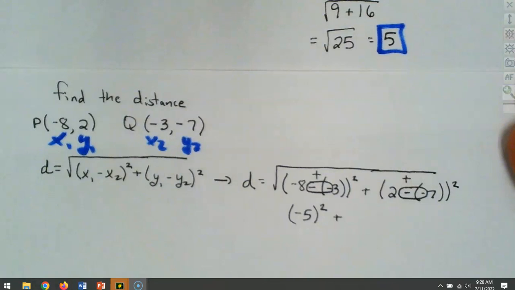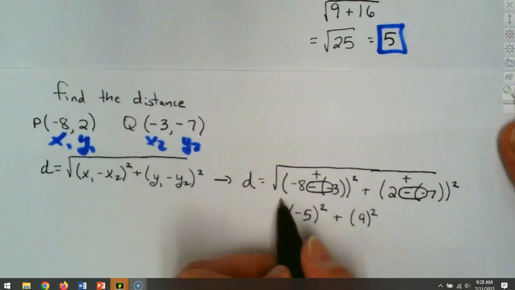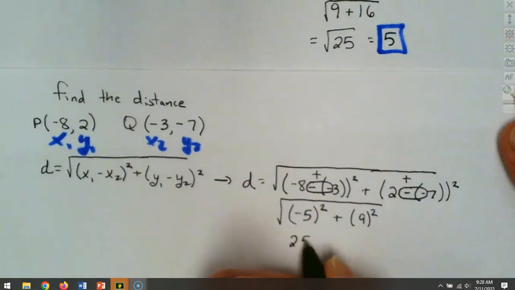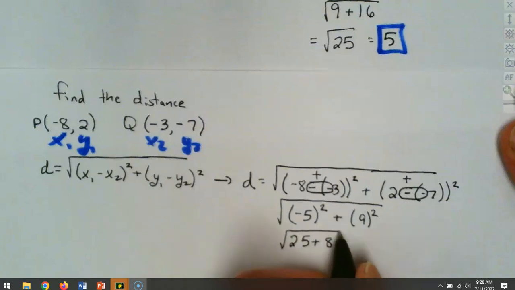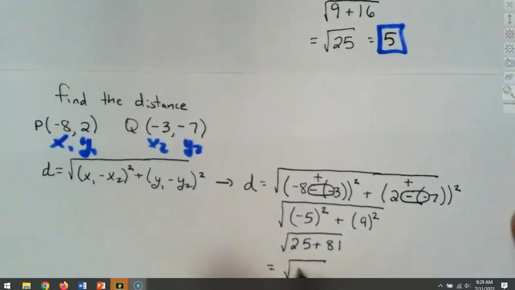Now on the other one, we've got positive 2 plus 7. That makes it a 9. And whenever we square a negative, that makes that a positive. So that's 25, and 9 squared is 81. And we add those together, and we get the square root of 106.